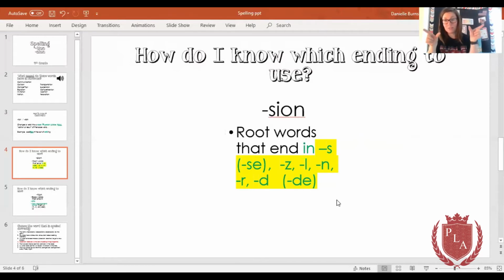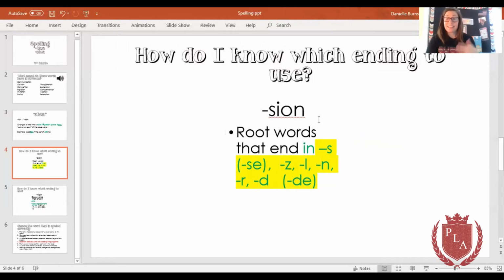Those are our two suffixes. So when we see a root word that ends in s, or s with a silent e, z, l, n, r, d, or d with a silent e, we know most of the time we're going to be adding S-I-O-N and not T-I-O-N.